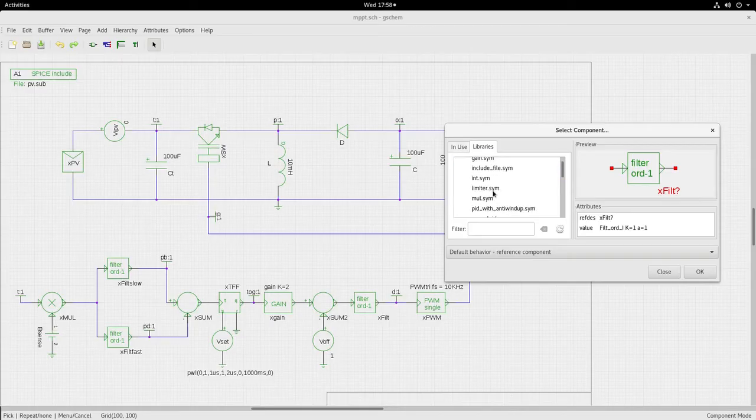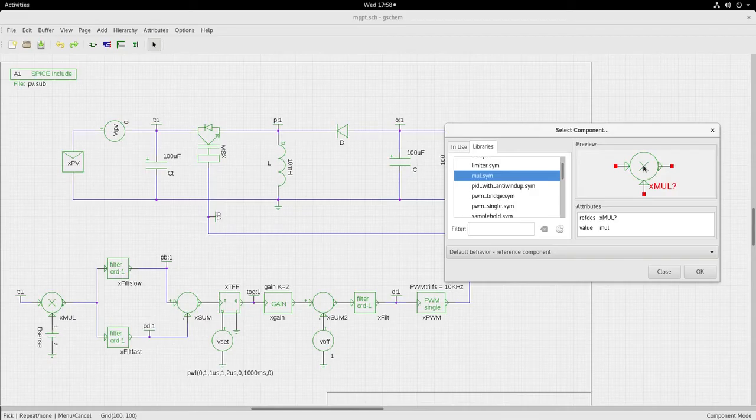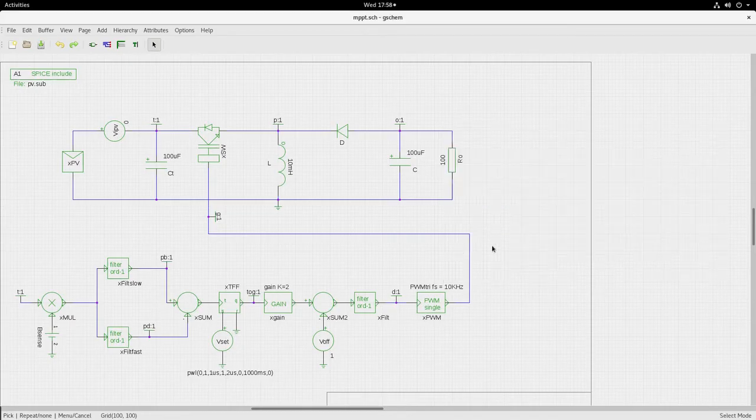I have the symbol for toggle flip-flop. I have the symbol for summing, and symbol for multiplying. So like that, I made the symbol and placed it in the proper place. I will share them with you so that you can also work on it and then make the simulation work.